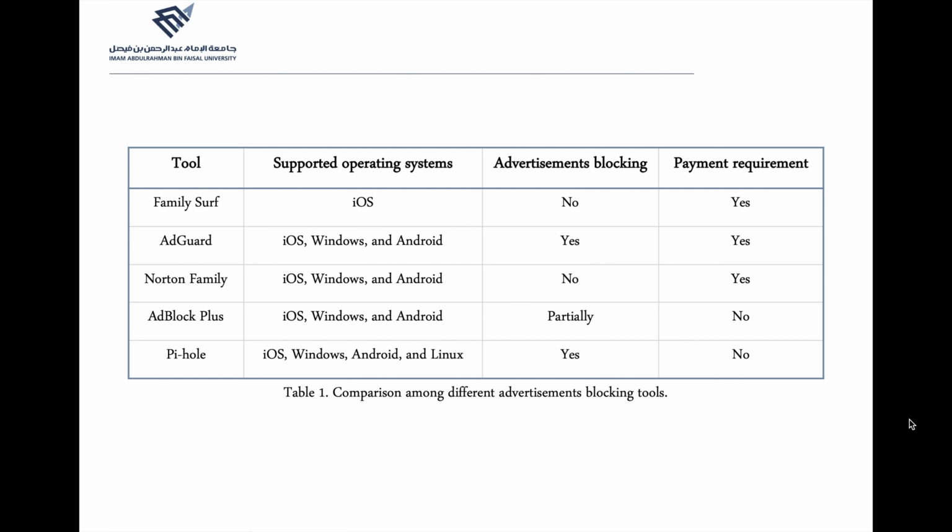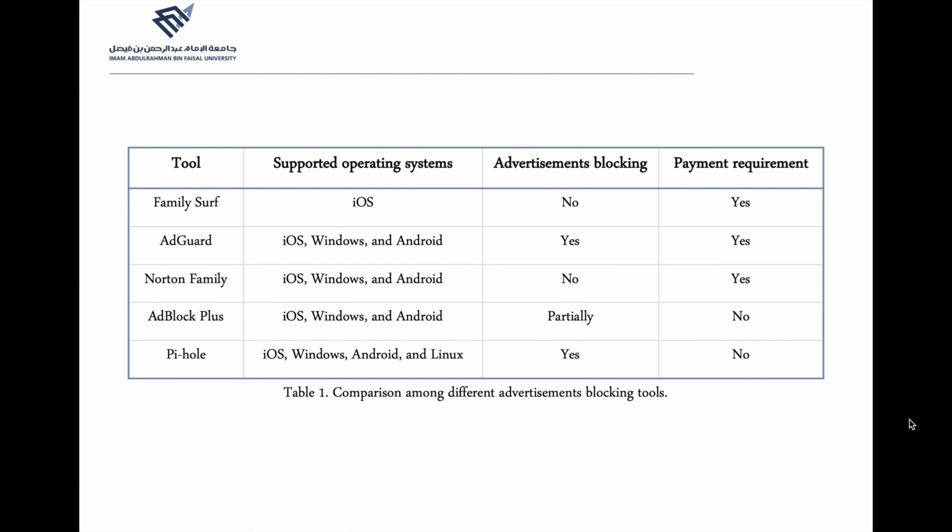AdGuard, Norton Family, and AdBlock Plus all support iOS, Windows, and Android. AdGuard blocks advertisements and requires payment. Norton Family doesn't block advertisements and requires payment. AdBlock Plus blocks advertisements partially and doesn't require payment.